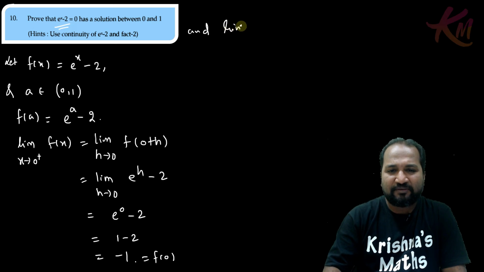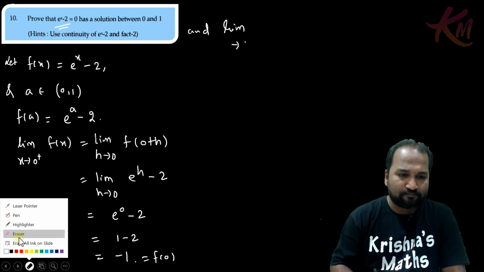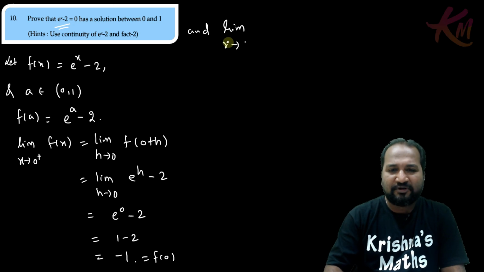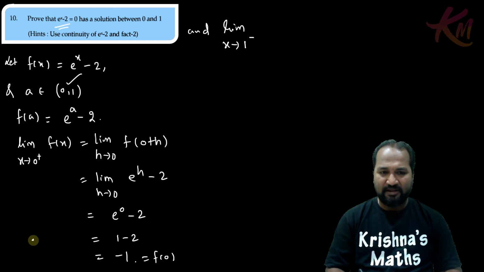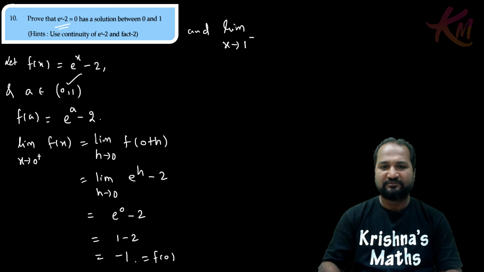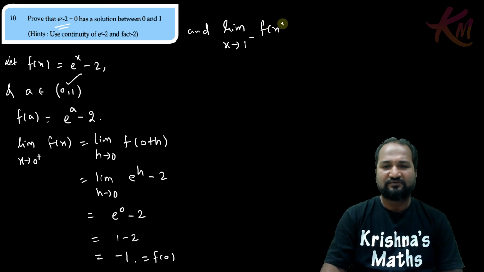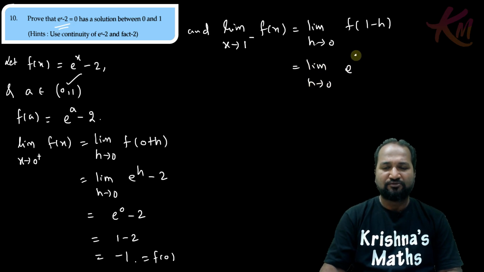Now limit x tends to 1 minus. The interval is 0 to 1, so we take values greater than 0 and less than 1, staying within 0 to 1. So the limit x tends to 1 minus f of x is equal to limit h tends to 0 f of 1 minus h, which is limit h tends to 0 e raised to 1 minus h minus 2.